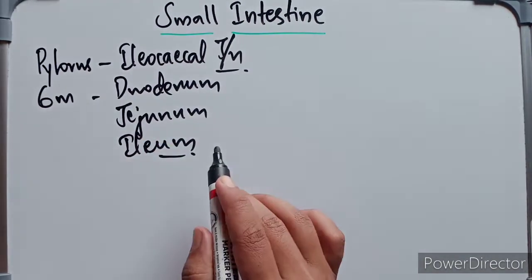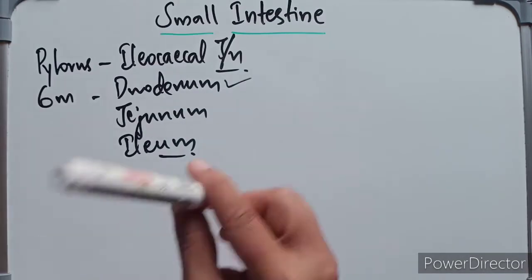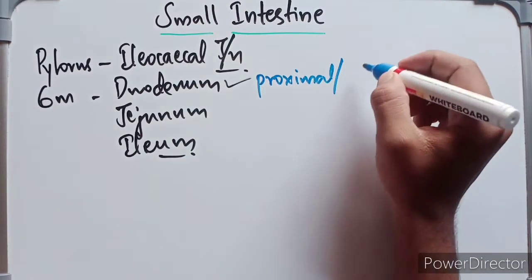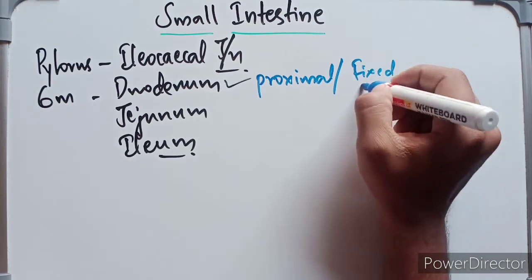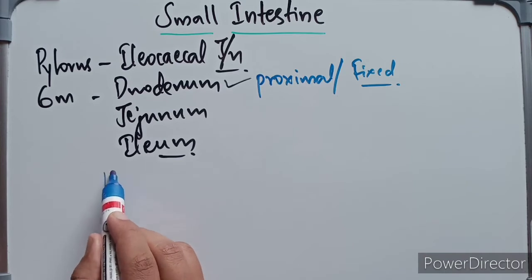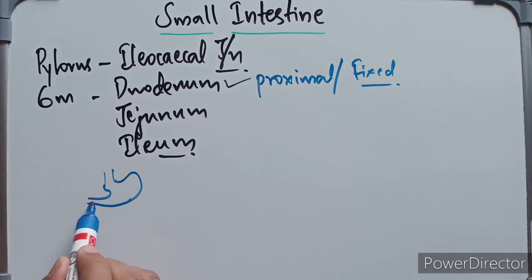The most proximal part is the duodenum, and it is also the most fixed part of the small intestine. This is the stomach, and extending from the stomach, this is the pylorus and the initial part is the duodenum.